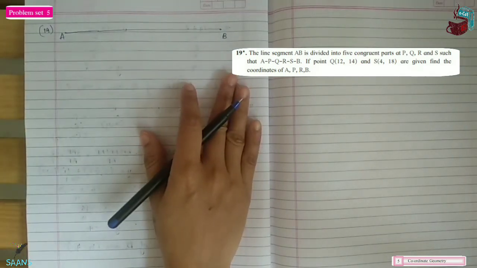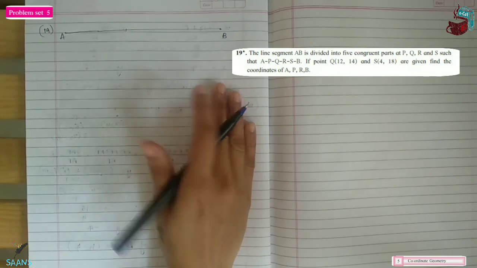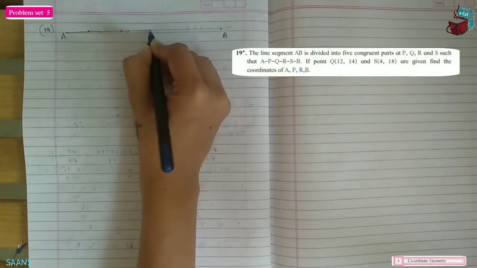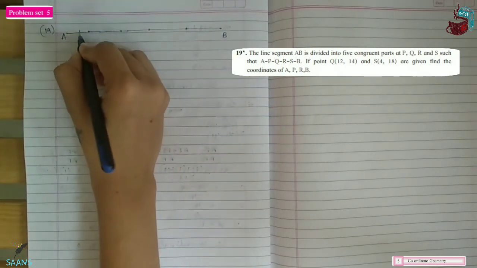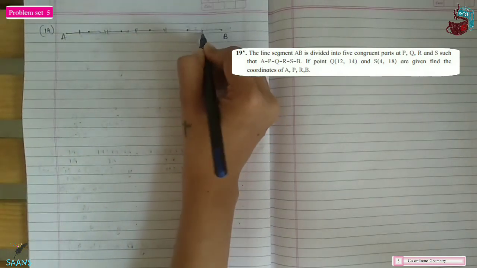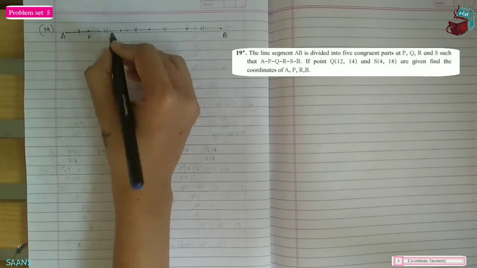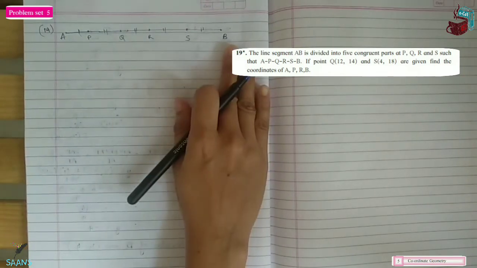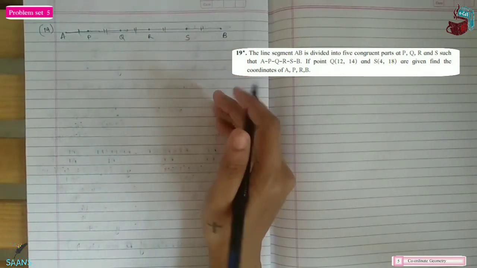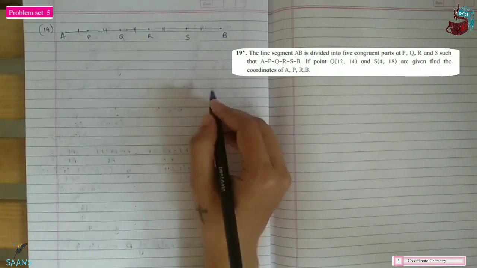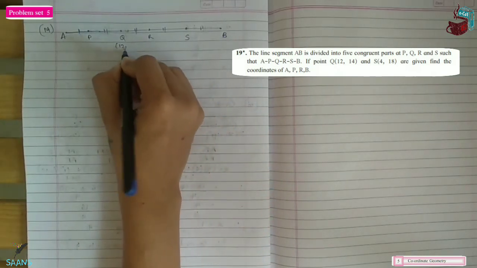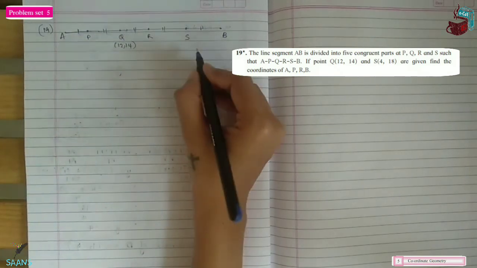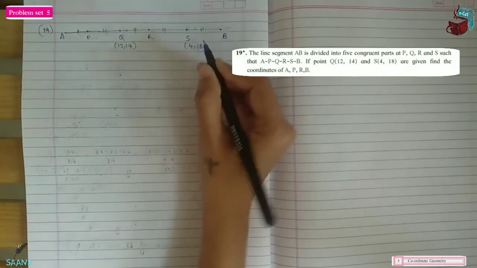AB is divided into 5 equal parts such that we have A, P, Q, R, S, B. Now all are equal; that we need to understand. But now the problem comes: they have only given us Q is (12, 14) and S is (4, 18), find the rest.